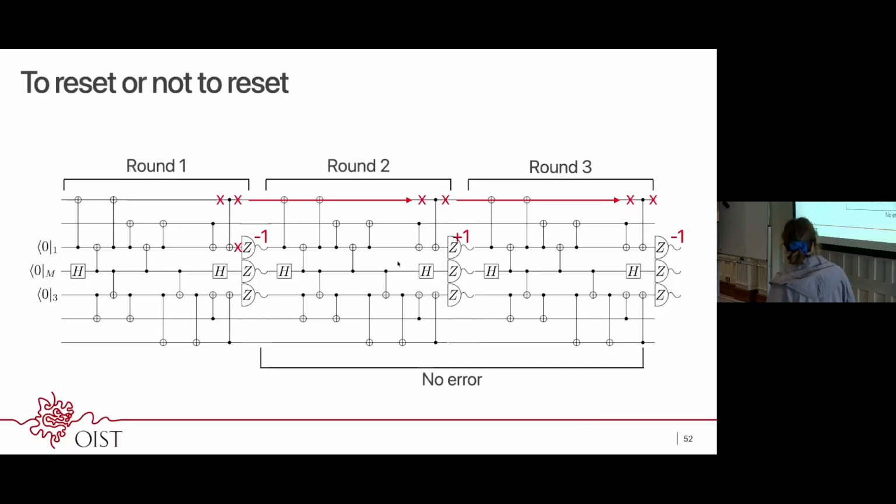If we only compare the measurement results in between, it actually indicates that new errors happened in round 2, which is not true. But if we let the error propagate to round 3, the same error will flip the syndrome result again. By comparing round 1 and round 3, we can get the detector that correctly identifies the original error we want.